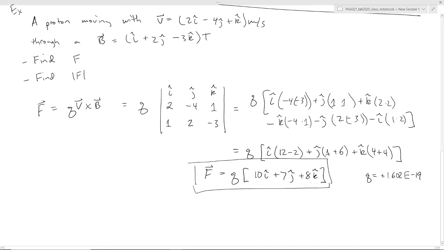If we want the magnitude of this, we can think of this in 3D as 10 along x, 7 along y, and 8 along z. We need to find the length of this vector.